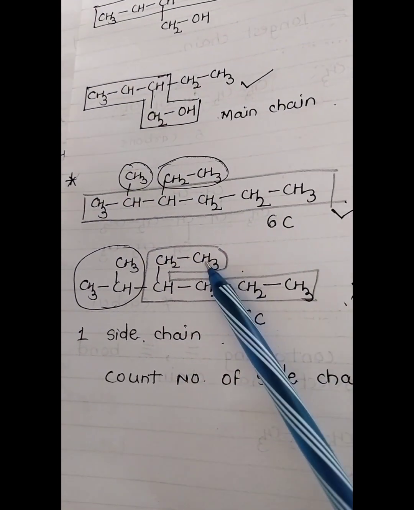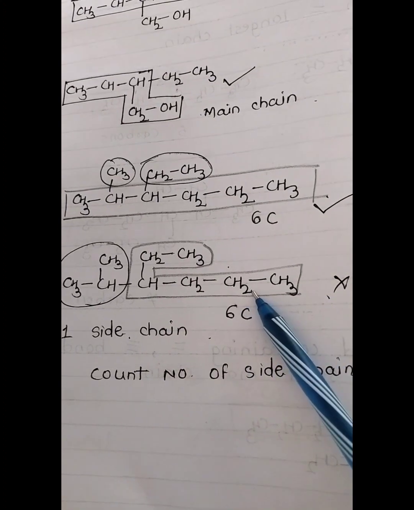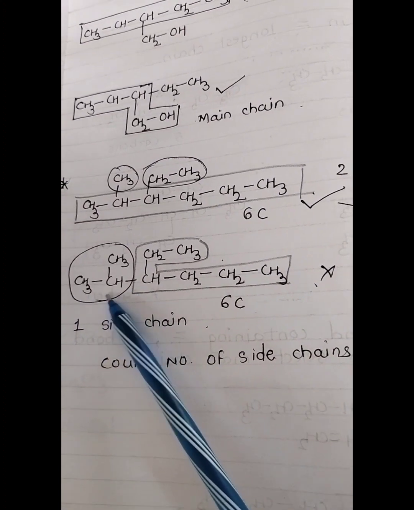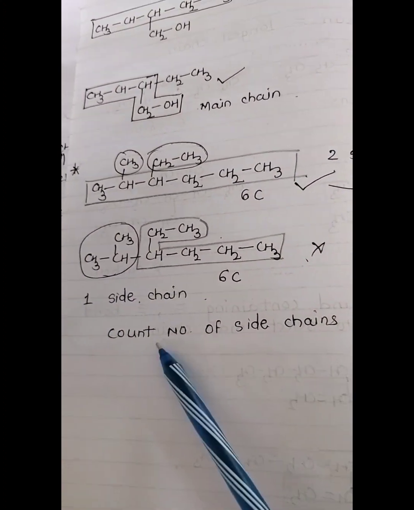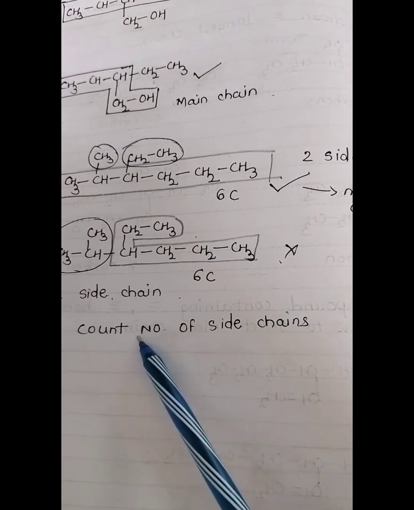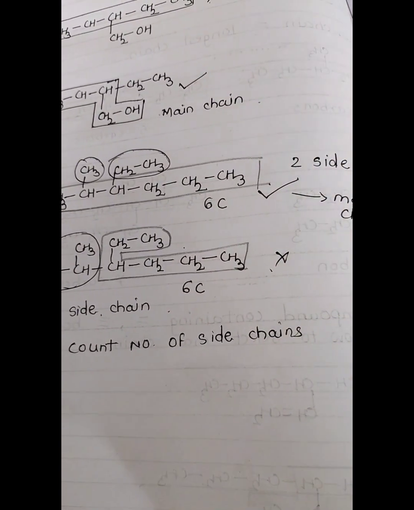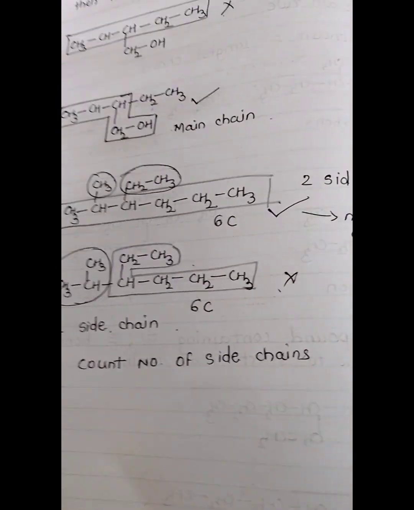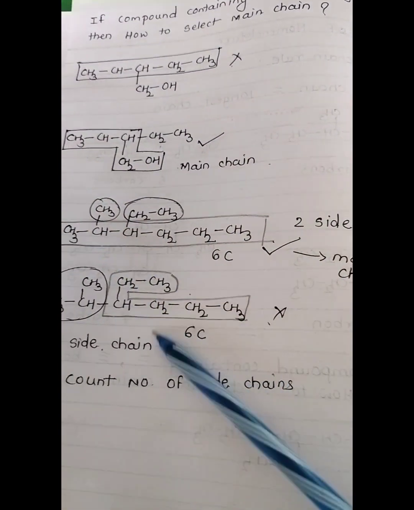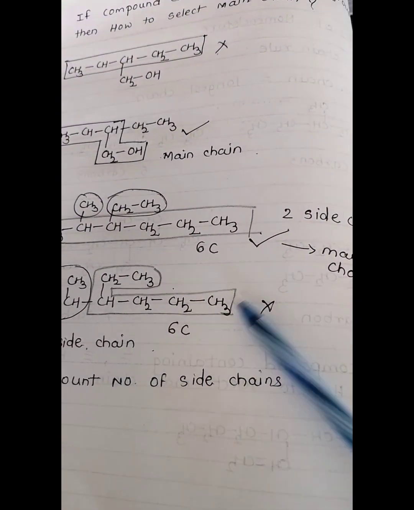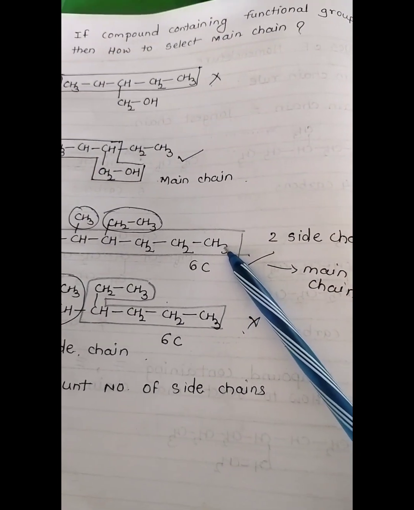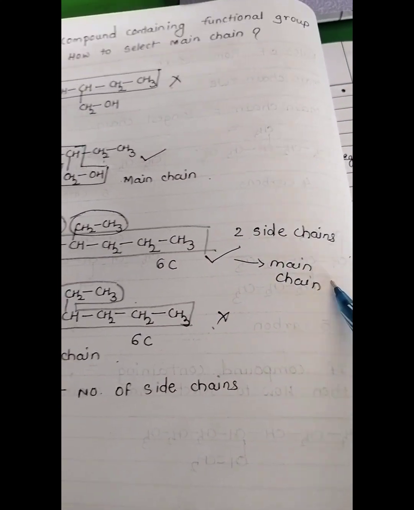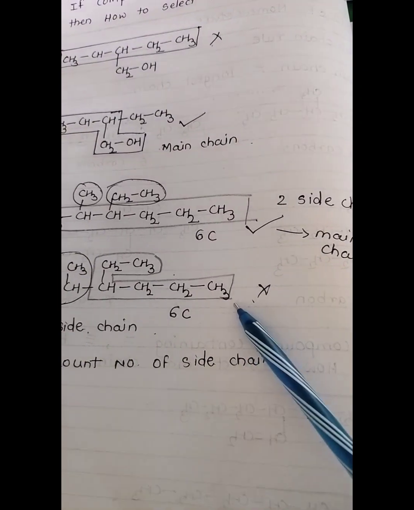And if we select CH3 CH2 CH CH2 CH2 CH3 as our main chain, there is one side chain. In this case we count the number of side chains, so counting of side chains is important. In the first way there are 2 side chains, and in the second way there is 1 side chain. So the first way is correct for selection of the main chain, and the second way is wrong.